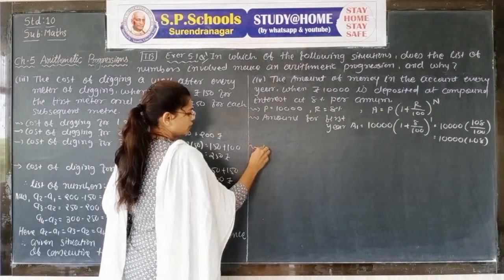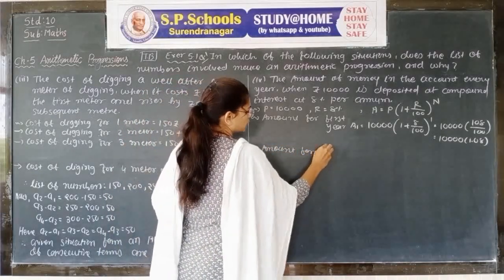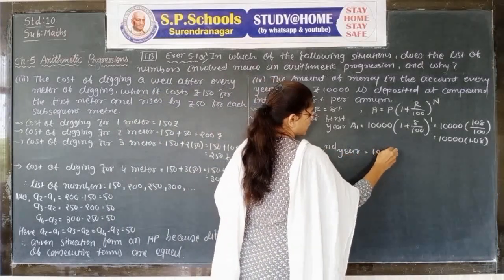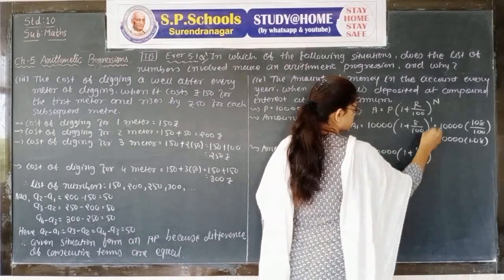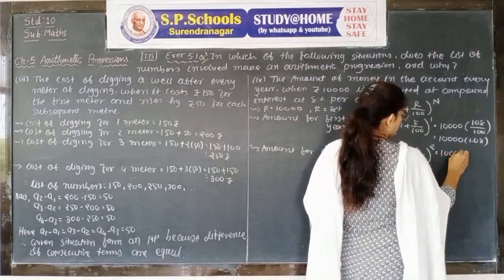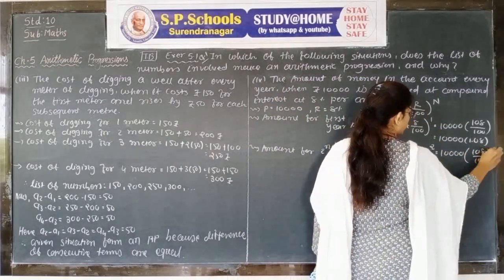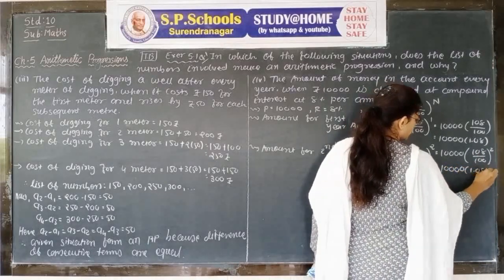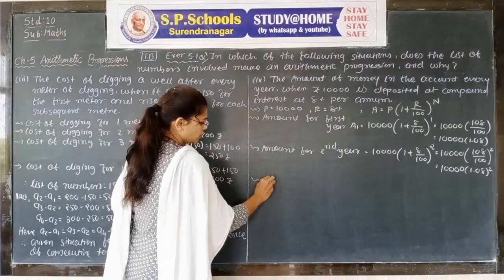In the same way, the amount for the second year is equal to 10,000 into 1 plus R upon 100 as it is, but instead of n it is 2. That gives 10,000 into 108 upon 100, power 2, which is 10,000 into 1.08 square.